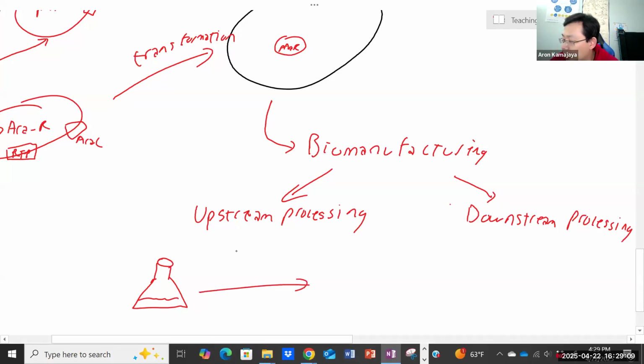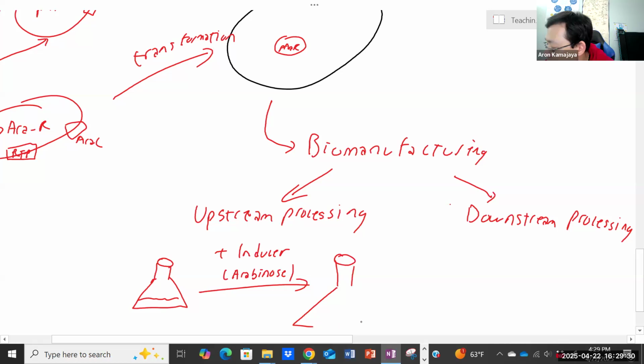You add the inducer at the end. Our inducer for this particular system is arabinose. The arabinose will switch the plasmid, will turn it on so that your cell can start producing RFP.